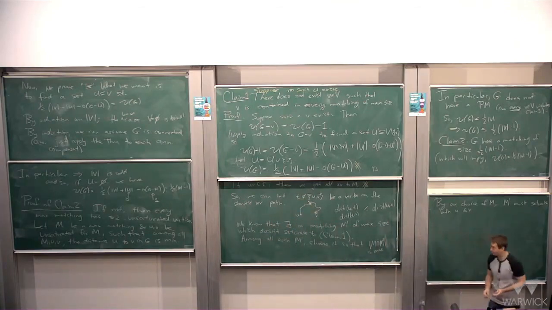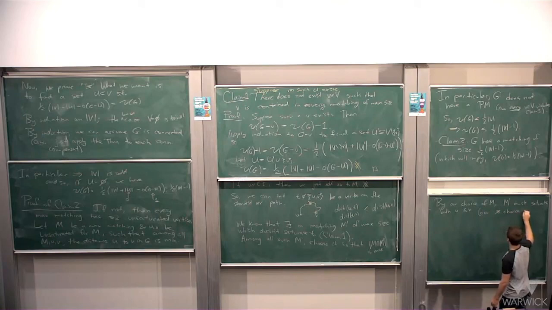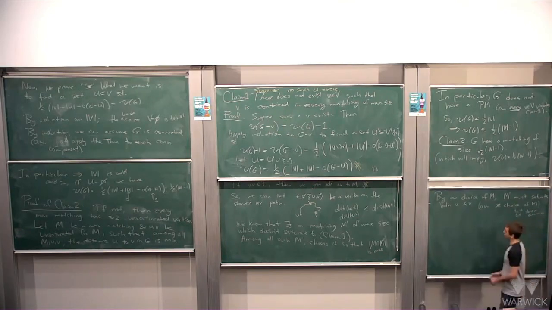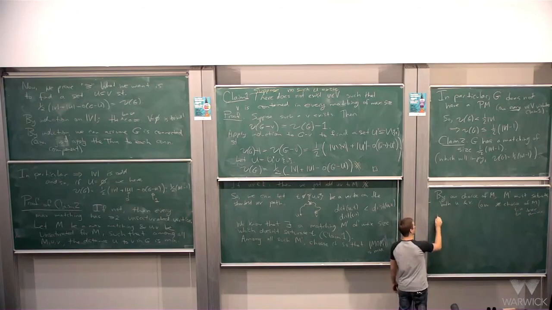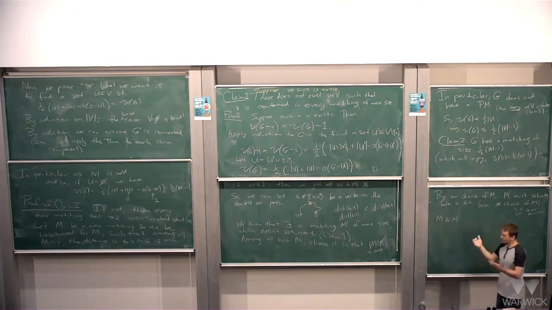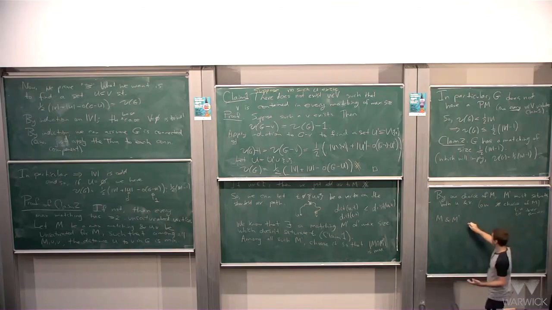So that would contradict our choice, because T and U or T and V are closer than U and V.